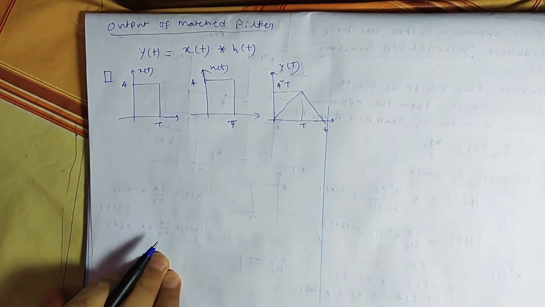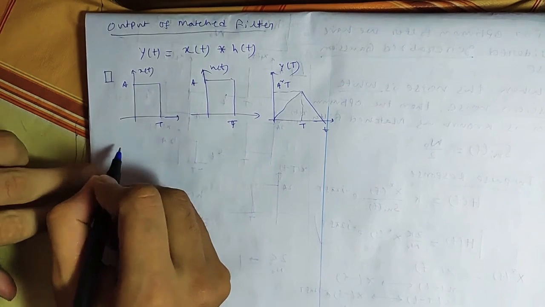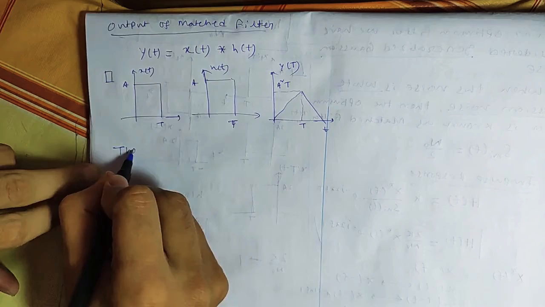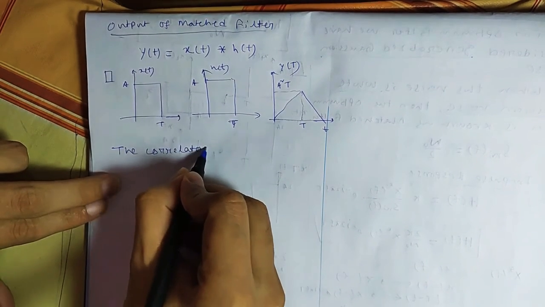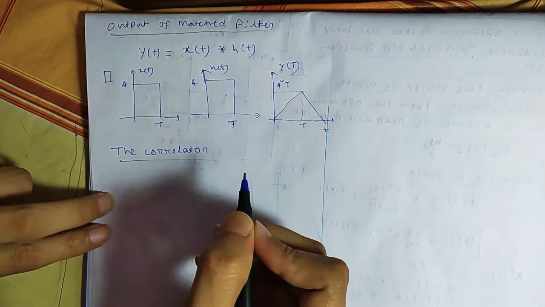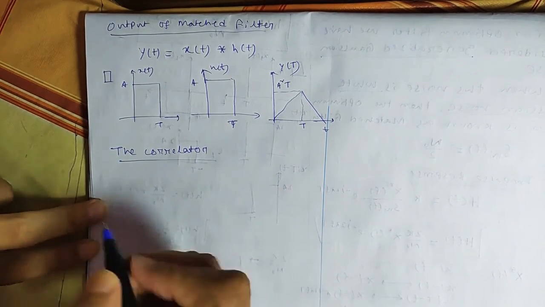Next we shall discuss the correlator, another kind of receiver. In this case it is different from matched filter processing.